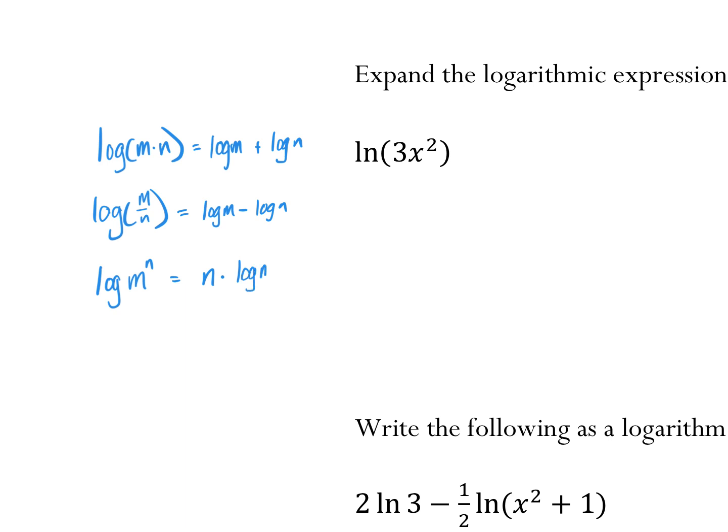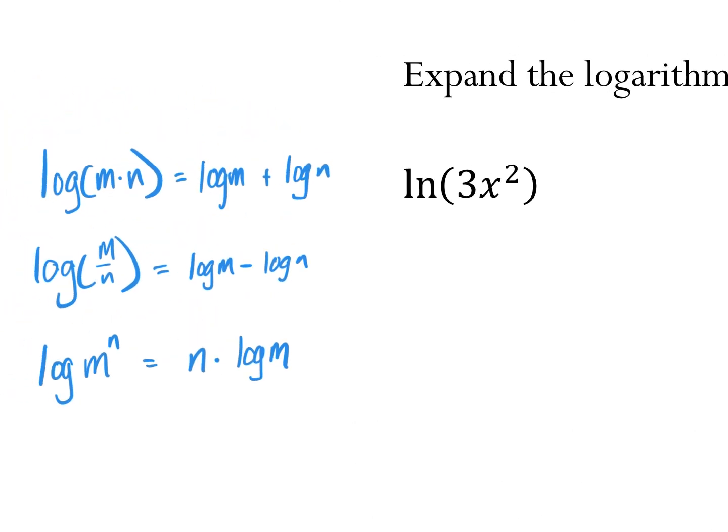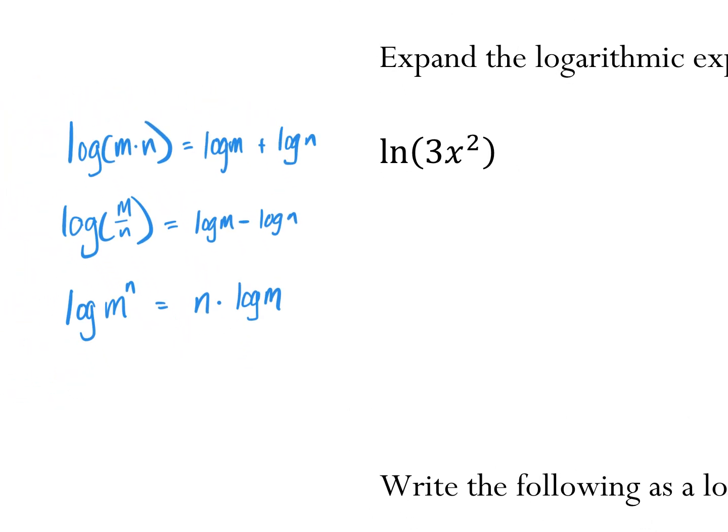You can bring an exponent down because when I have an exponent to another exponent, I multiply. Okay, so knowing that, I could take this and start by calling this the natural log of 3 plus the natural log of x squared, which then becomes the natural log of 3 plus 2 natural log x.